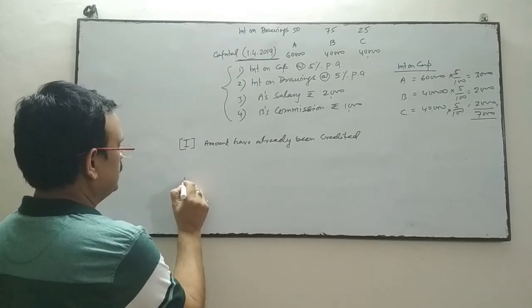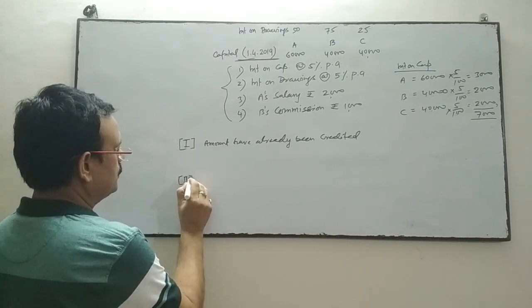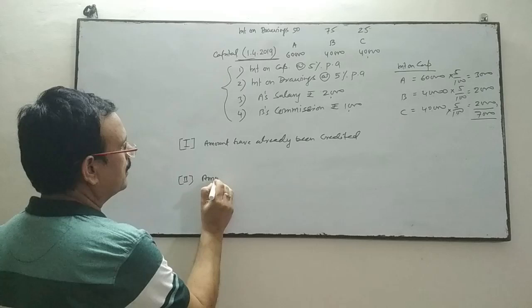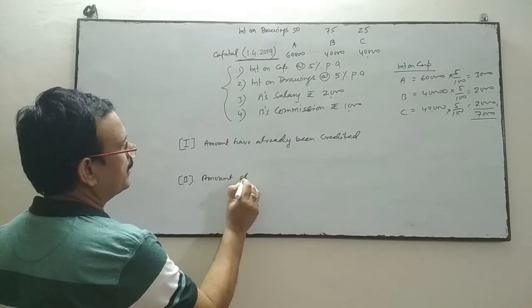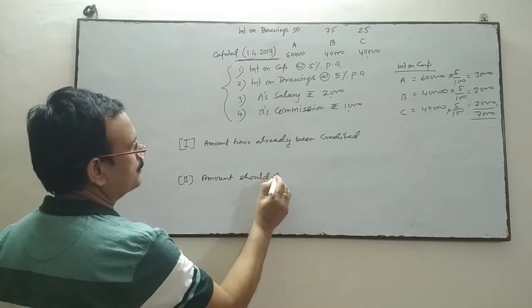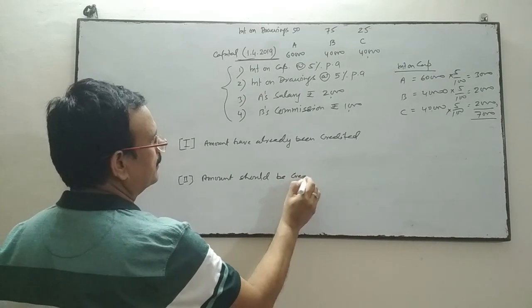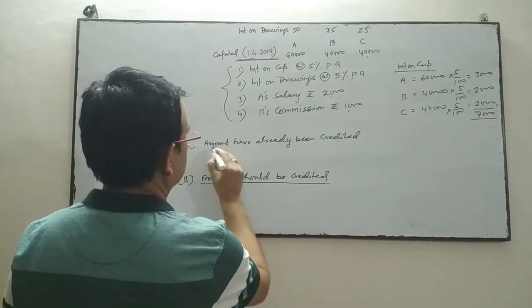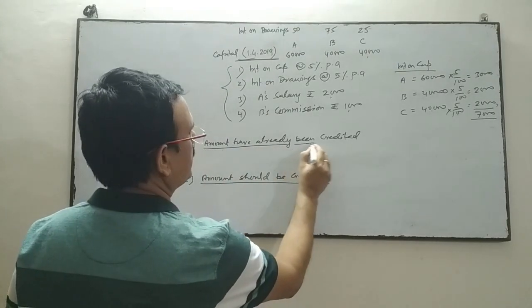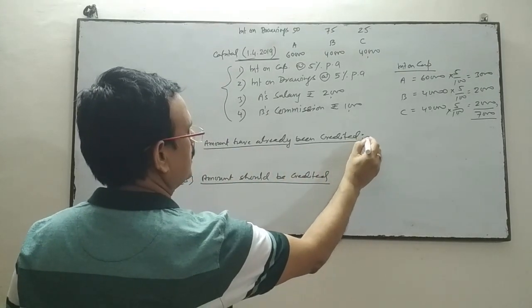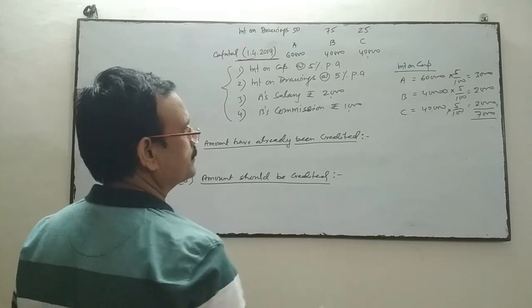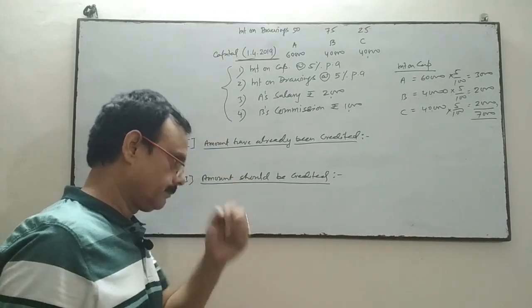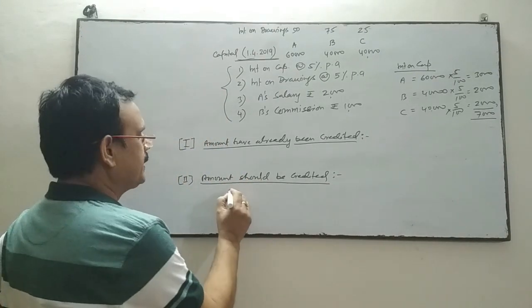And second one, the amount that should be credited. First one, amount already credited. Second one, amount that should be credited.